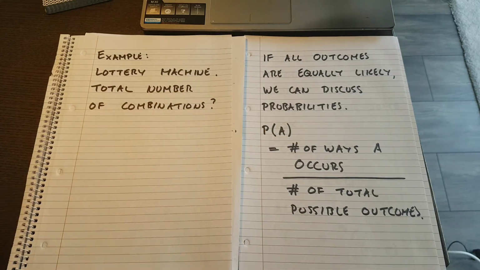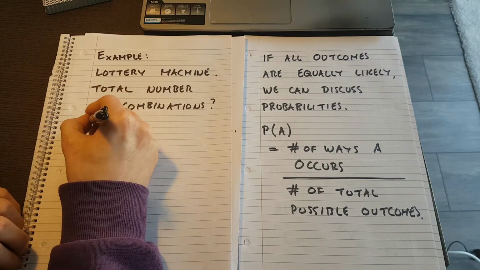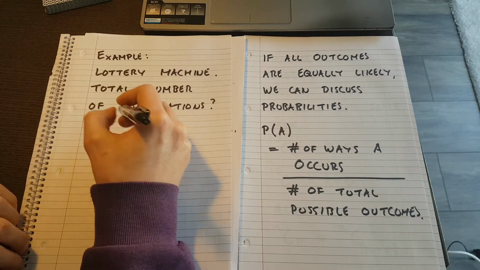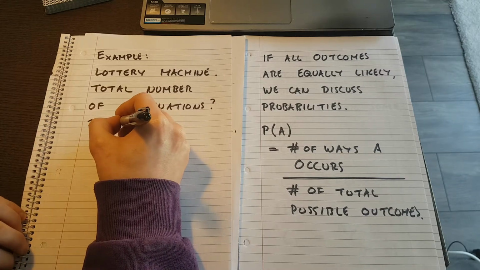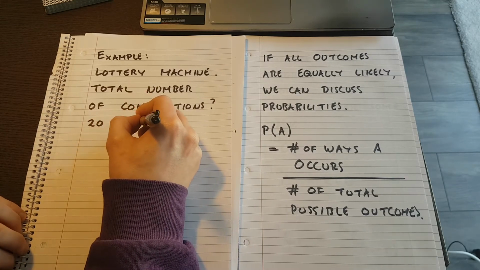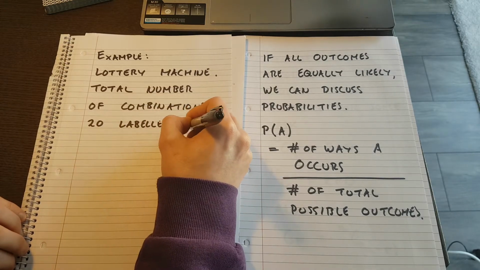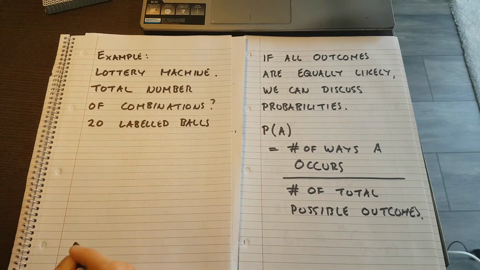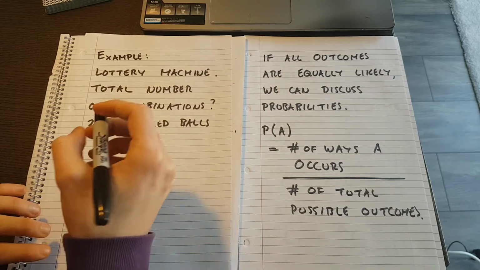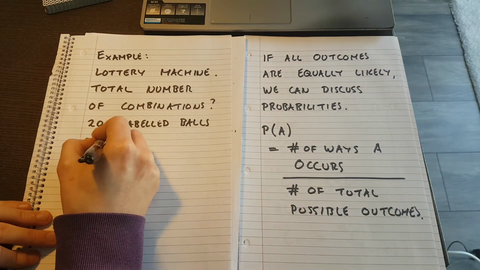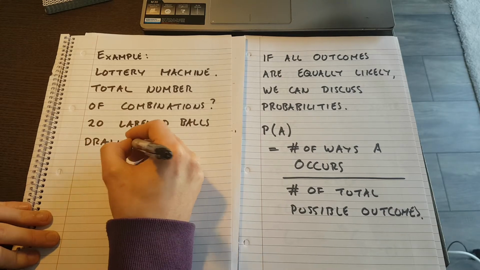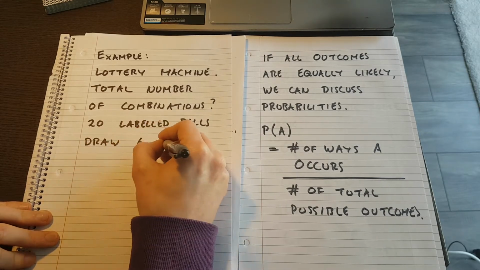Well, that depends obviously on the number of numbered balls in my lottery machine. Let's say that I have 20 numbered balls, and let's say that I have to draw, say, 6 of them.